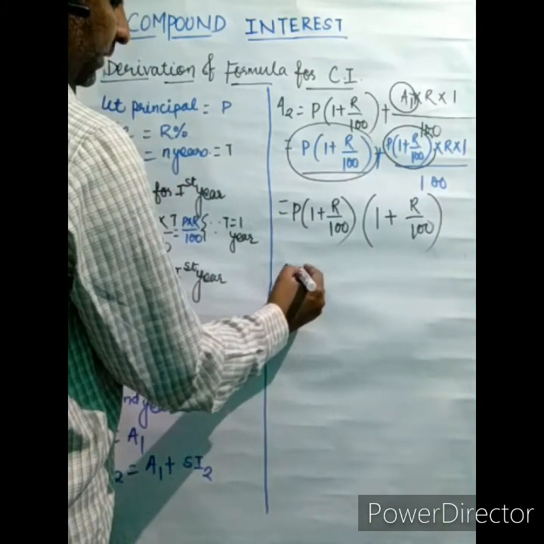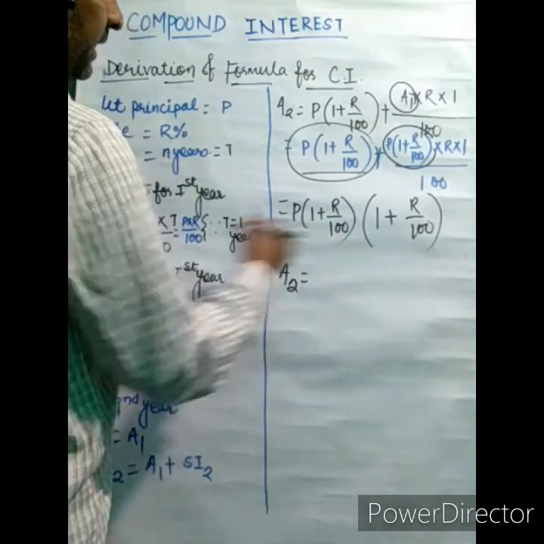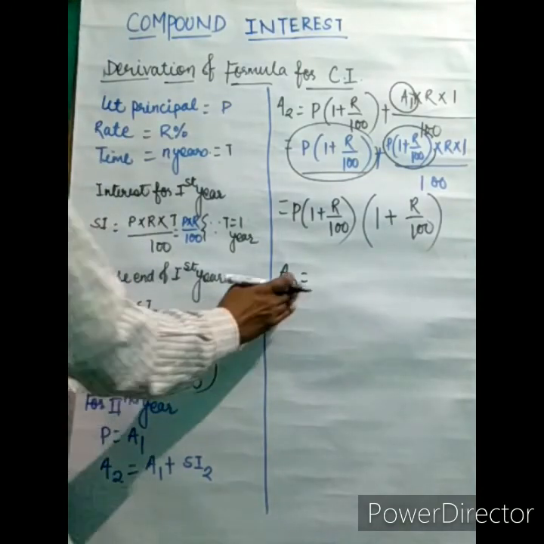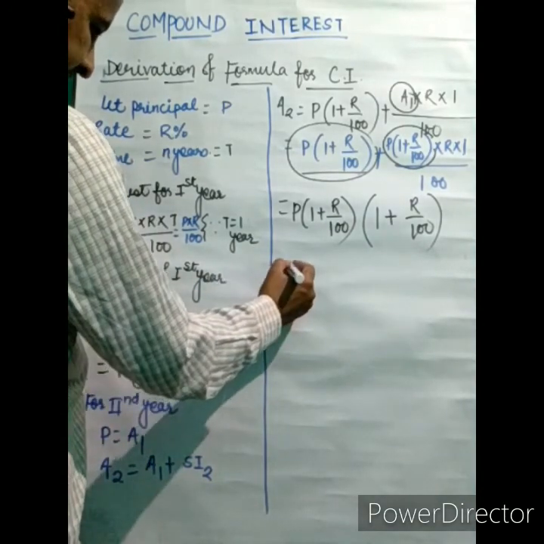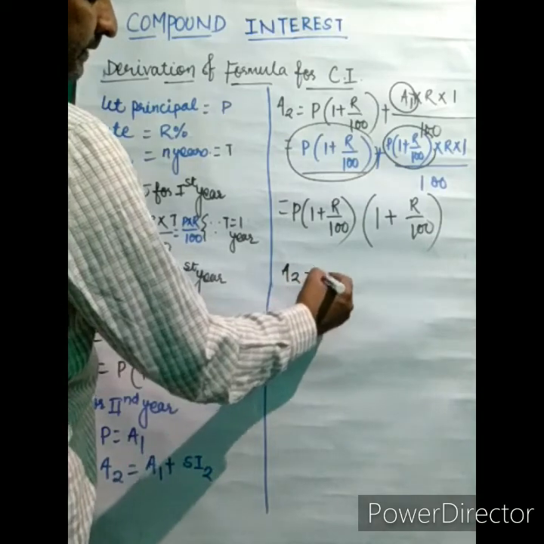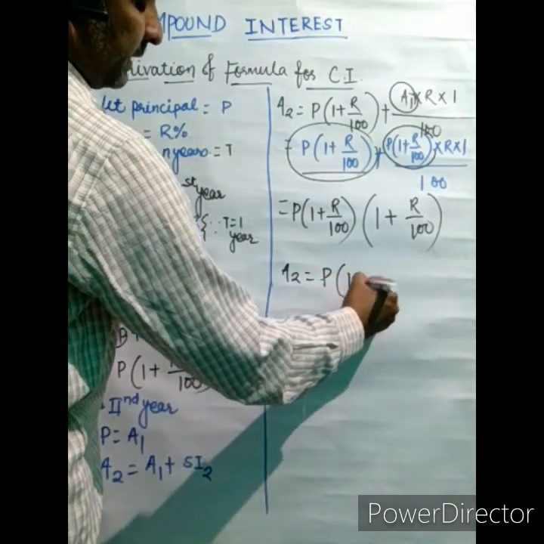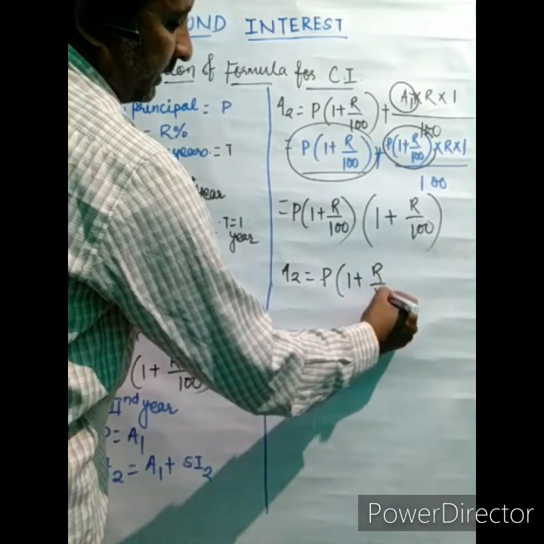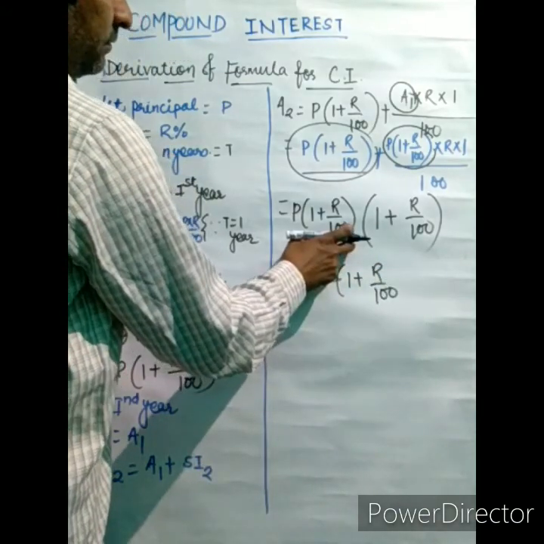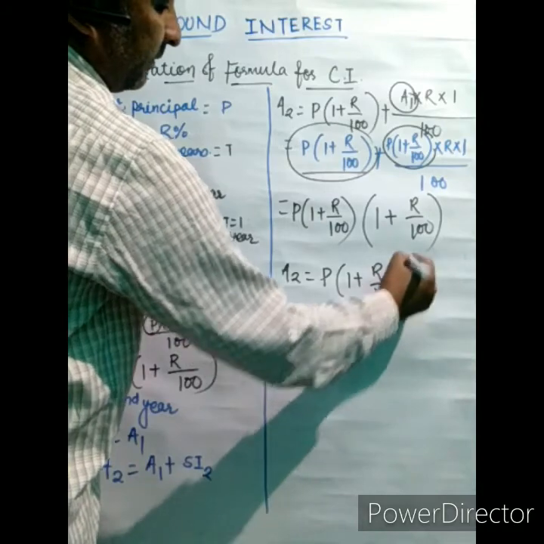So the amount at the end of the second year is P into 1 plus R over 100 whole square, because this is A into A, it becomes A square.